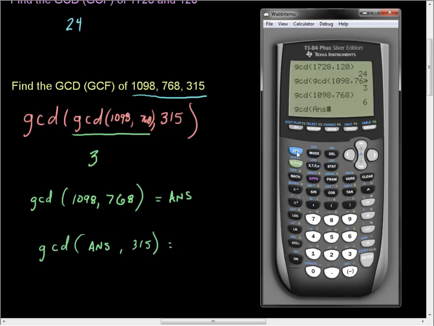If you have a TI-83 Plus, you'll have a yellow second key, and the negative sign will be yellow. It's no great big deal, it's just the color-coded buttons. And so this is the greatest common divisor of our previous answer and 315. And that's 3.